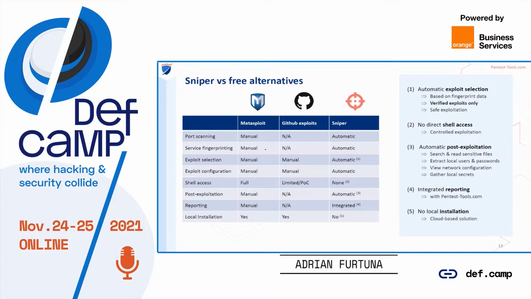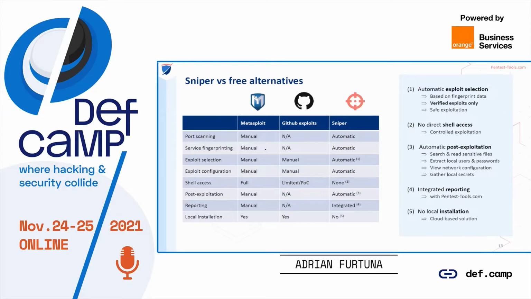Before starting the demo, I will also quickly pass through the alternatives that you have. When you do a penetration test, of course, the first choice would be Metasploit, which is a free exploitation framework, which we all know. That is a very good tool.